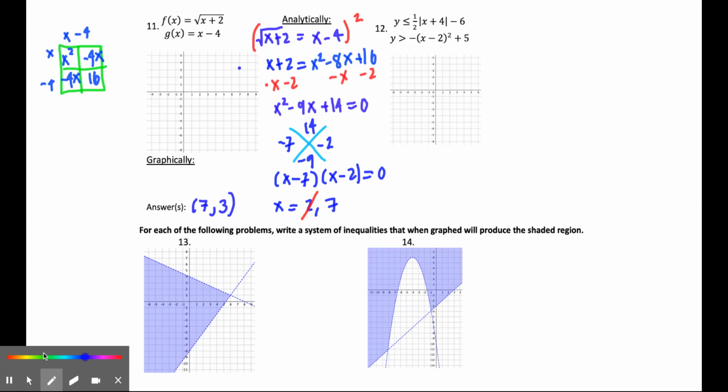And then we'll graph this line first. So that has a y-intercept of negative 4 and then a slope of 1. So there you go.